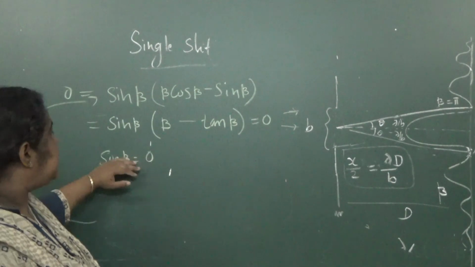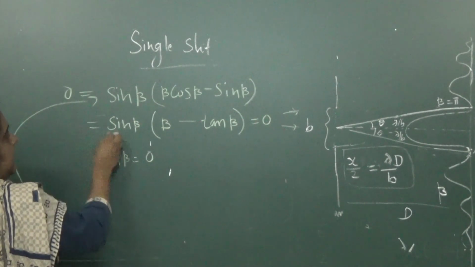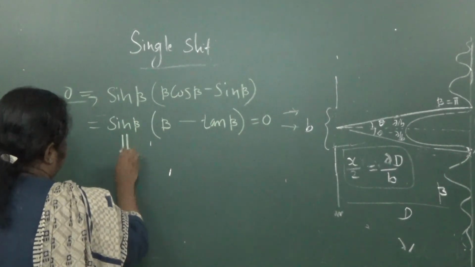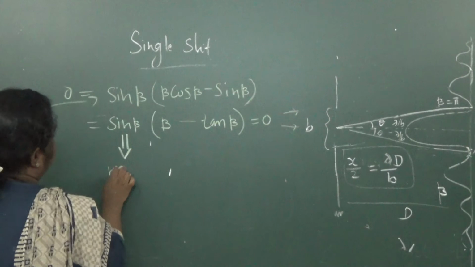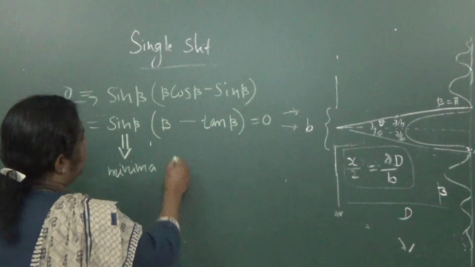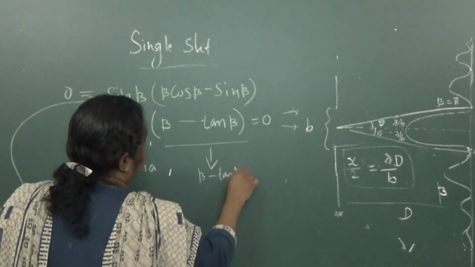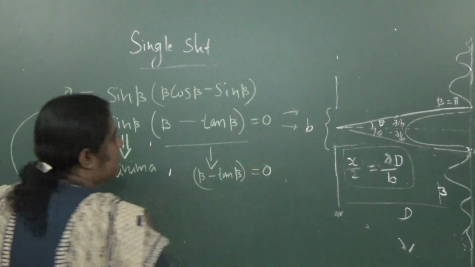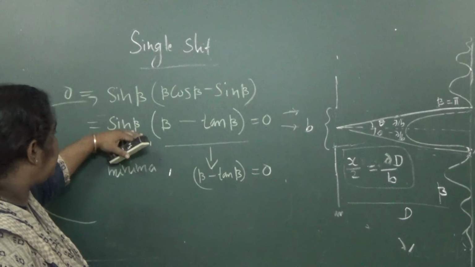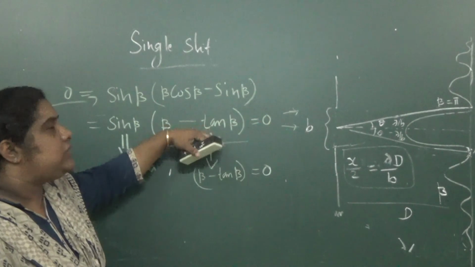So that sin beta is equal to 0 won't work for the maxima condition. This is already taken; we have already taken it for minima. So I can say the condition for maxima is beta minus tan beta equal to 0. So this equation shows either sin beta is equal to 0, or this equal to 0, is a condition for maxima or minima.